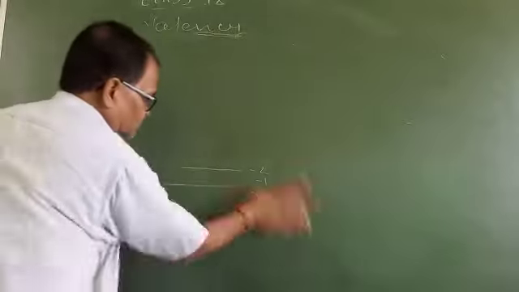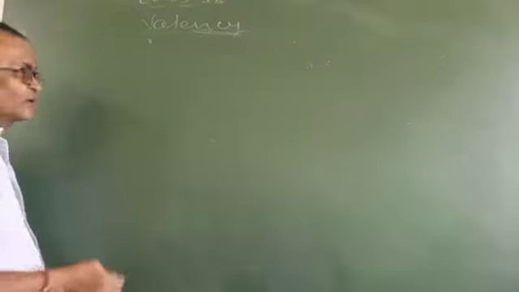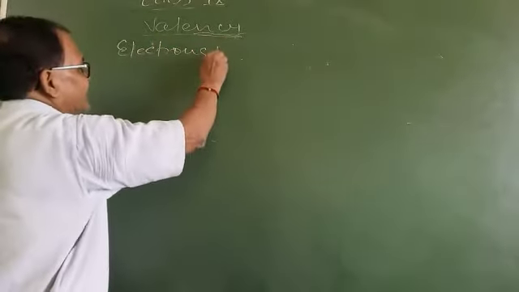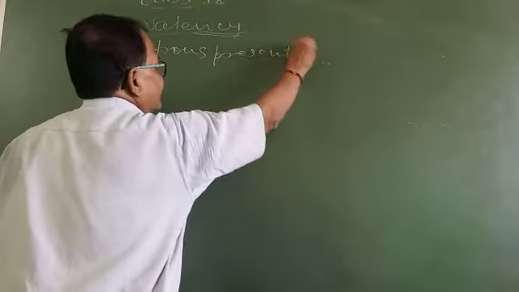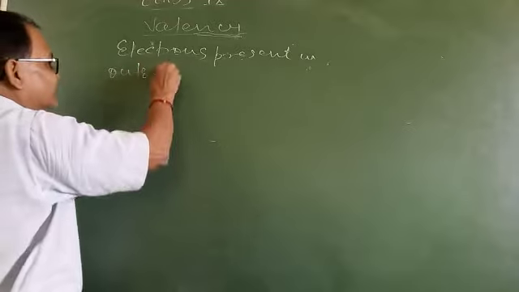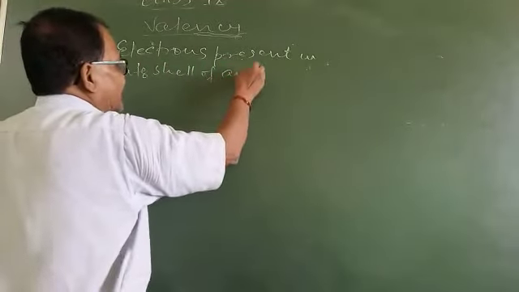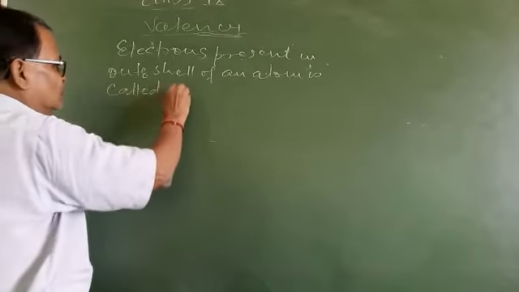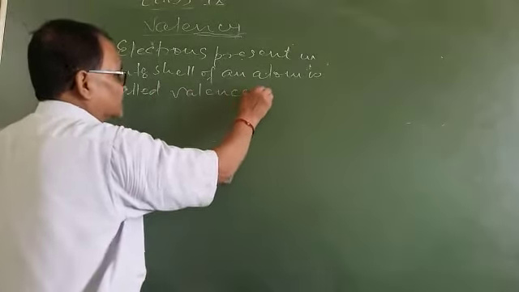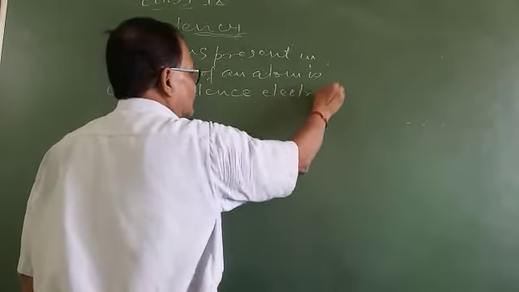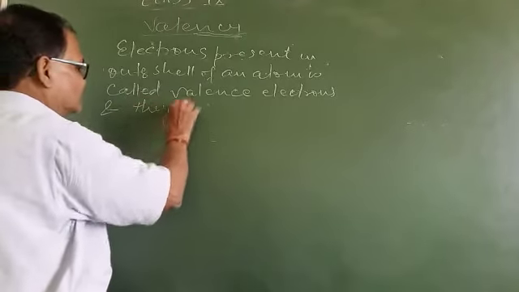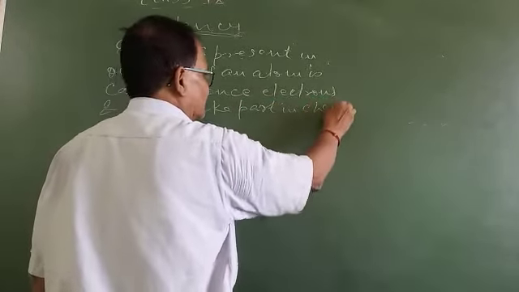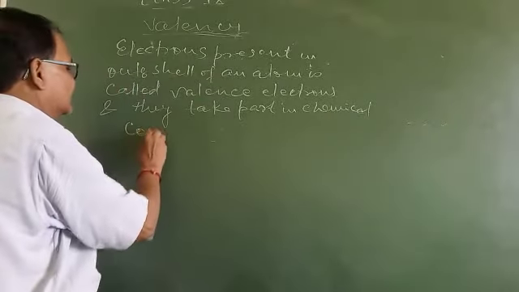As we know, the electrons present in the outer shell of an atom are called valence electrons, and they take part in chemical bonding, chemical combination.